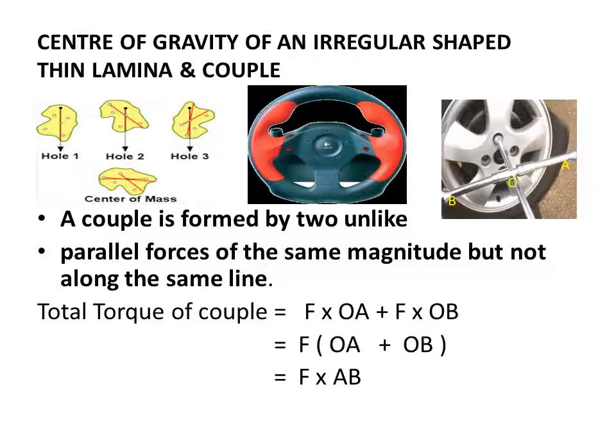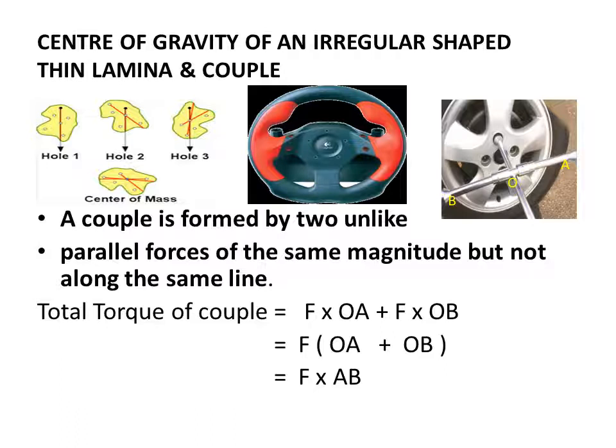Equal forces, each of magnitude F, are applied at ends A and B of a spanner in opposite directions. These forces form the couple that turns the spanner about point O.